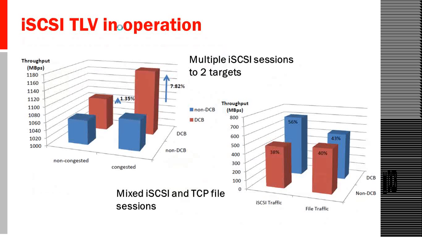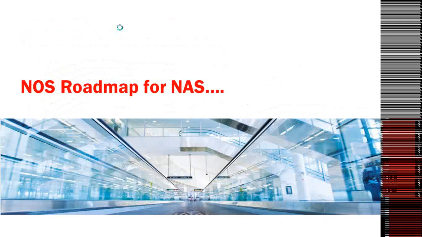Normally things are a lot worse in a congested situation where you've got choke points in the network, but DCB is really working there to give you much better throughput. I'm challenged to read the graph again, but at least I've told you that the colors are around the other way, so that again, I think that's the mixed iSCSI and TCP file session there. So again, very good throughput with DCB, which is in blue in this case.